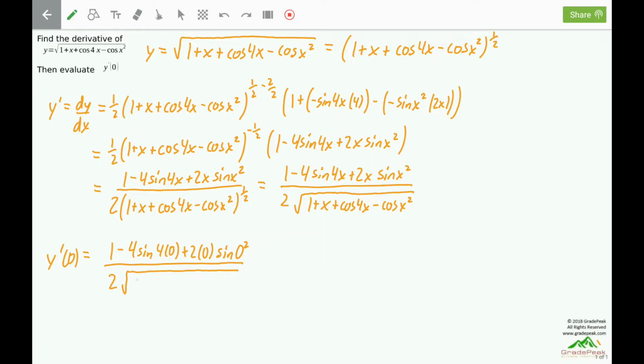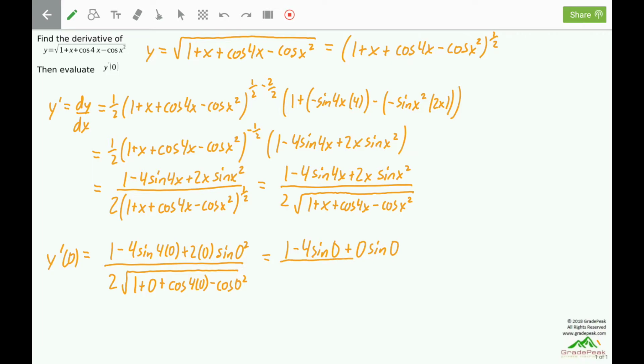times the square root of 1 plus 0 plus the cosine of 4 times 0 minus the cosine of 0 squared. In the numerator, we will have 1 minus 4 sine of 4 times 0, which is the same as sine of 0, plus 2 times 0, which is 0, and then sine of 0 squared is 0.